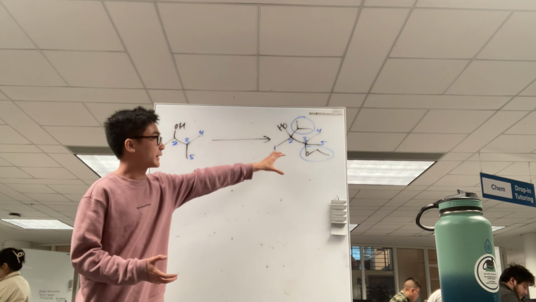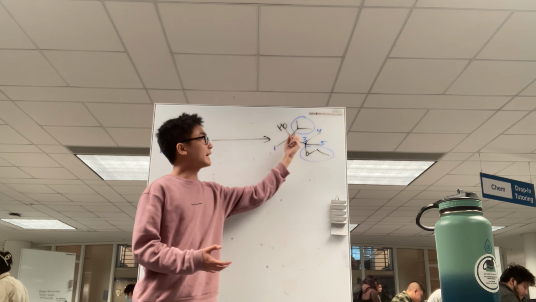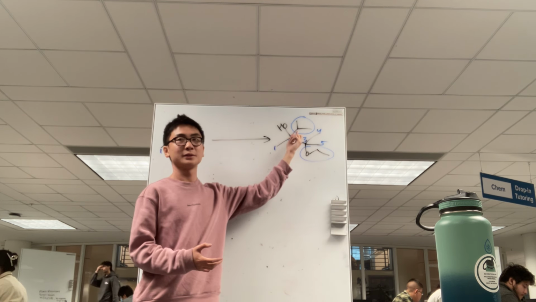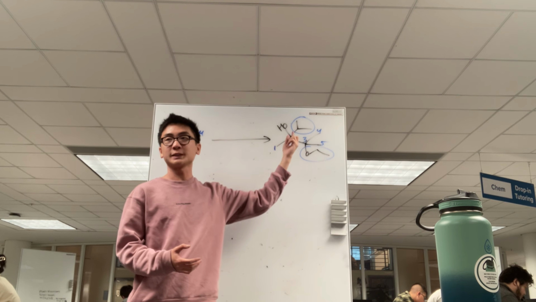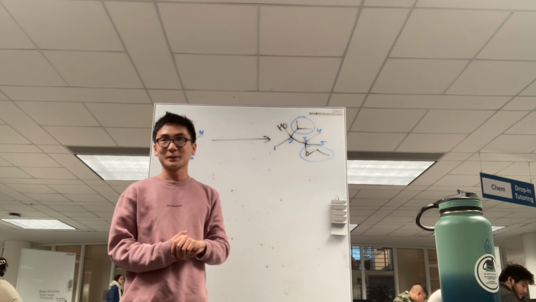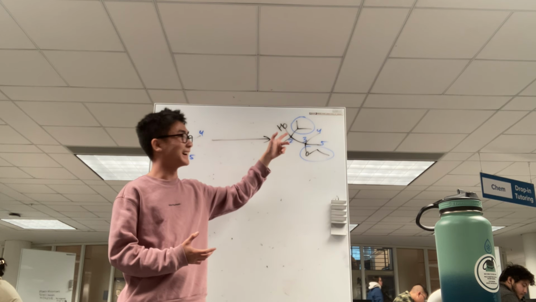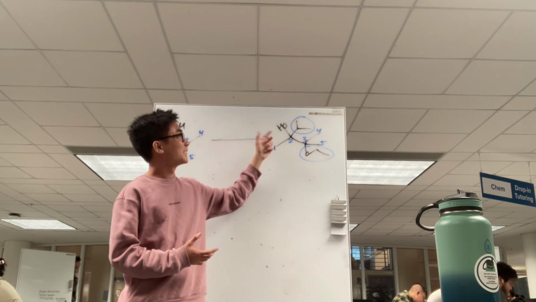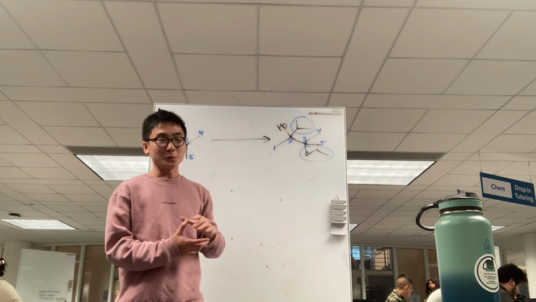So let's look at this over here. We see a new carbon-carbon bond, right? And when you guys think of new carbon-carbon bonds, what reaction do you think of? Grignard reagent, right? And then, you know how we have a Grignard reagent here, and we have an alcohol here.